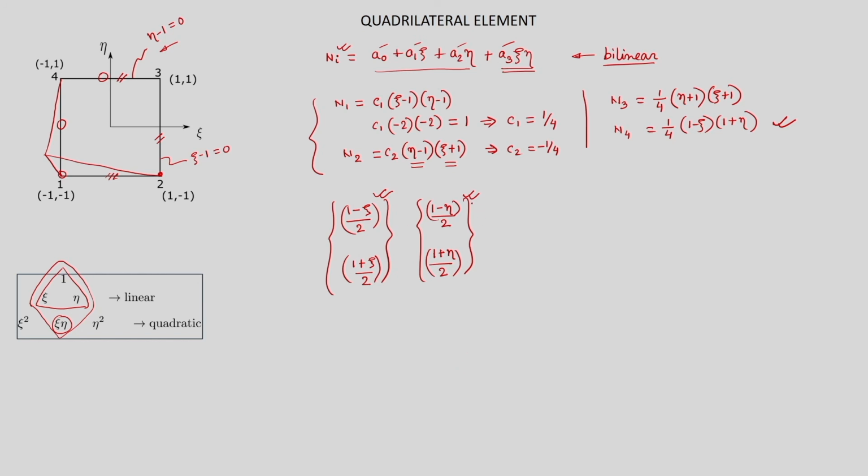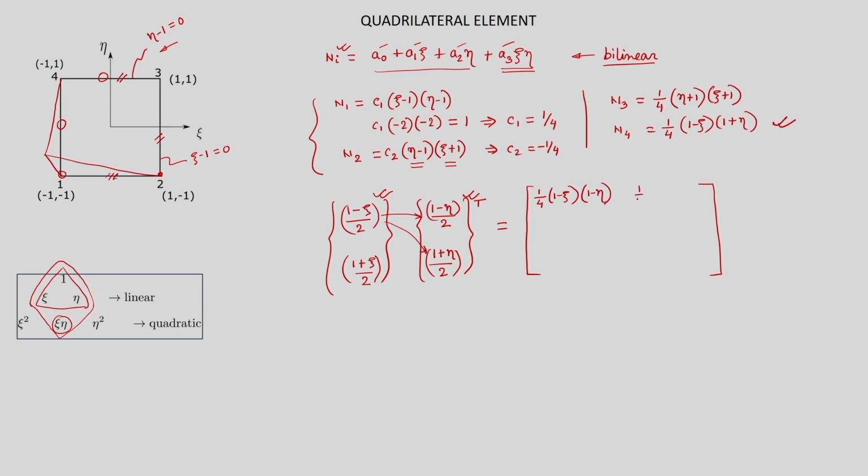Then we will take the tensor product. So, I will say this column vector times the transpose of this column vector. That will give us the shape functions corresponding to p equal to 1 for this quadrilateral element. So, let us do it. The first row will be this times this and this times this. So, that makes it 1 by 4 (1 minus xi) times (1 minus eta).